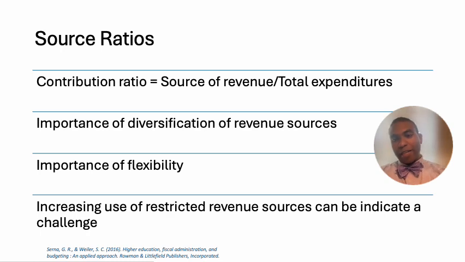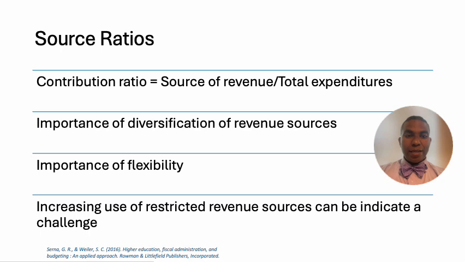I would expect the money that's coming into that community college from property taxes to take up a pretty sizable chunk of the total expenditures. Okay. And so that just gives you another way to see how the different revenue sources contribute to paying your expenses. All right.